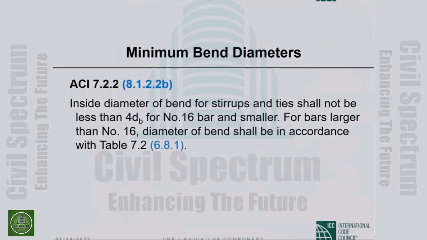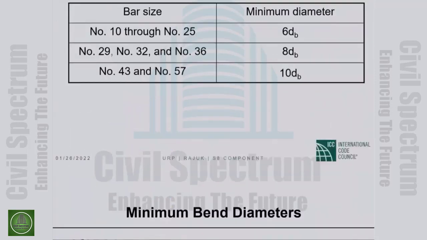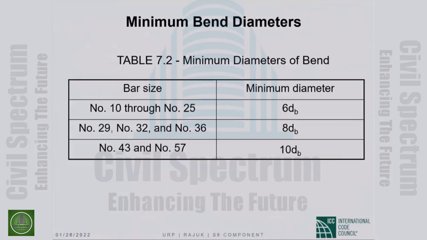Okay. Now, inside diameter of bend for stirrups and ties shall not be less than 4 bar diameter for number 16 and smaller bars. No less than 4 bar diameters. For bars larger than number 16, these are stirrups and ties made up of bars that are larger than number 16 in size, then the diameter of bend has to be the same as for longitudinal bars.